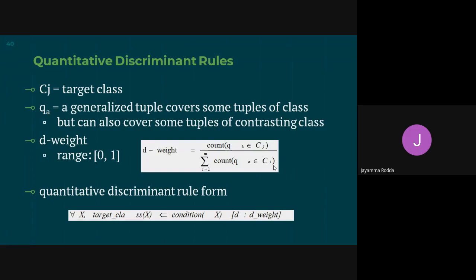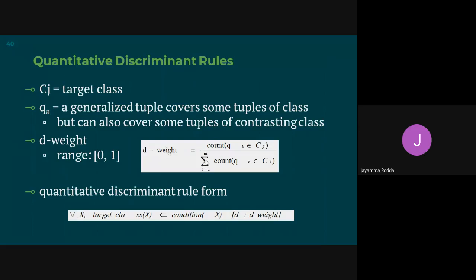CJ is between 1 to M, where M is the total number of target and contrasting classes, and I is between 1 to M, whereas CJ belongs only to the target class.